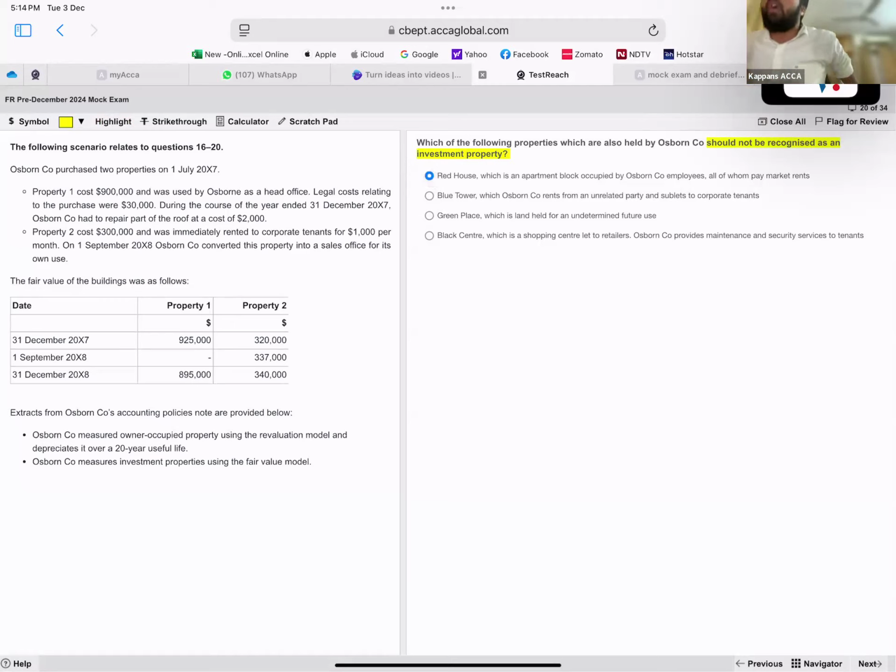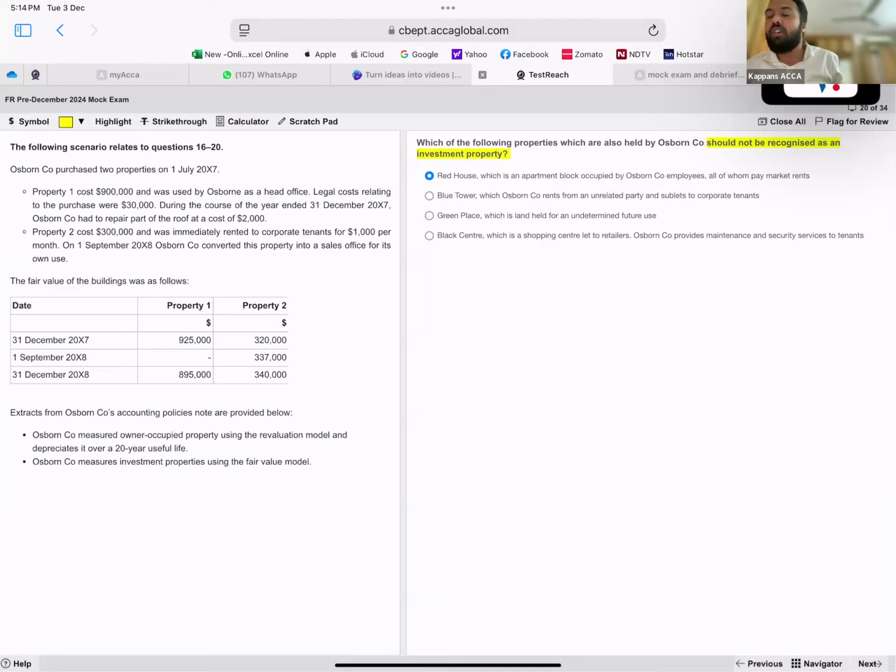The apartment rented by employees is treated as IAS 16 PPE. Not all rented property is treated as investment property. If the property is given on rent to the employees of the organization, then it will be treated as owner-occupied property under administration purpose, and it will be treated as IAS 16 PPE.